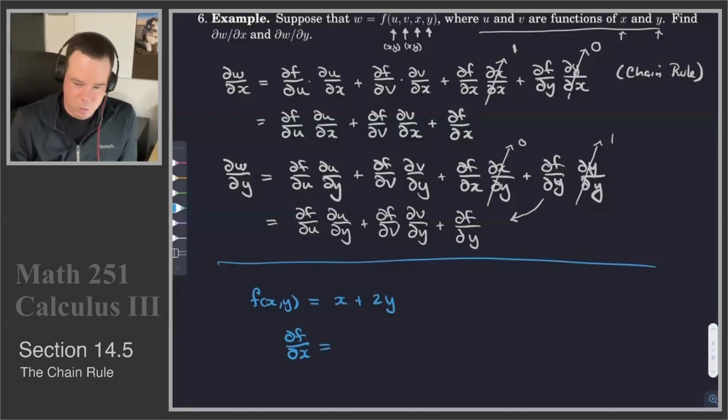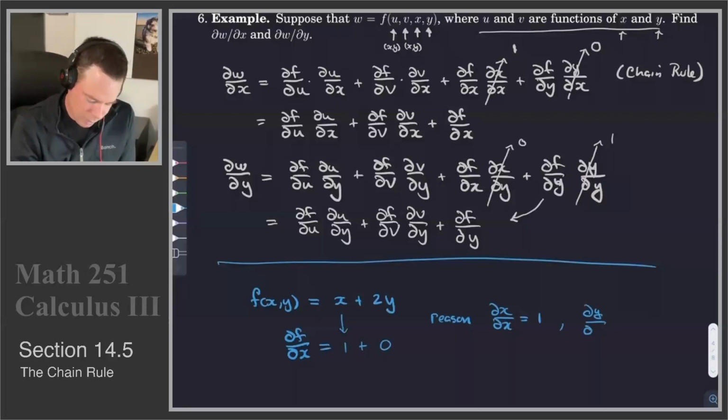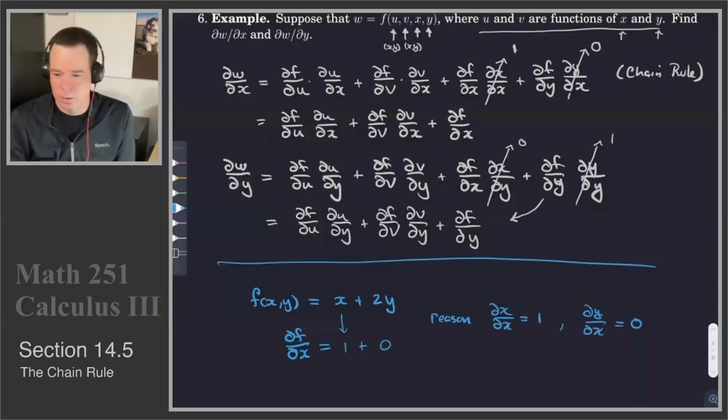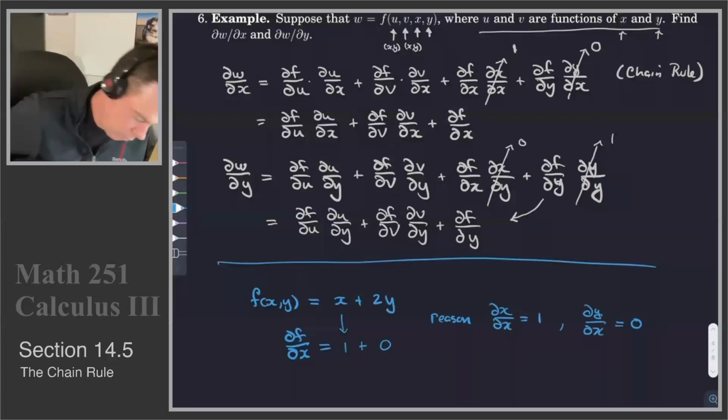So if I want to compute the derivative of this with respect to x, I would just treat the y's as all constants and just do its regular derivative with respect to x. Exactly, it would be 1 plus 0. And the reason is the derivative of x with respect to x is 1, whereas the derivative of y with respect to x is 0, because I'm treating y as a constant. Does that make sense? Yeah, that does. Thank you. Okay, you're welcome.